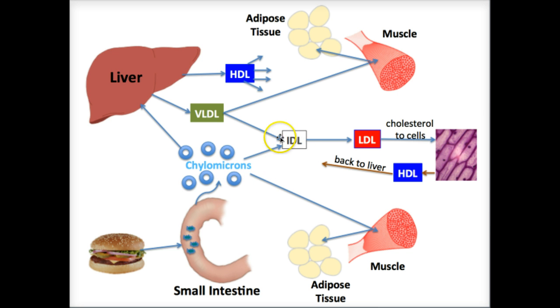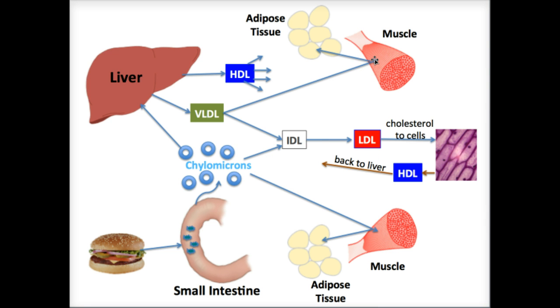This IDL here, I'll just mention, that's just an intermediate form between the VLDL and the chylomicrons and the formation of LDL that we mentioned on the one slide. But the other thing that's shown here is how the VLDL and the chylomicrons both carry the dietary fat, the triglycerides, to muscle tissue here and down here.